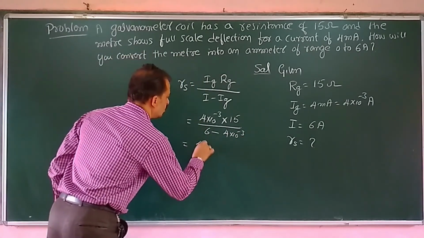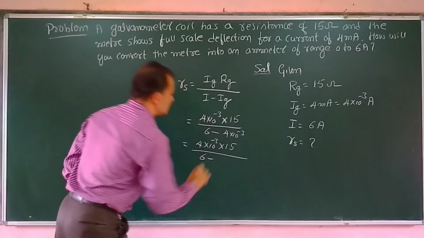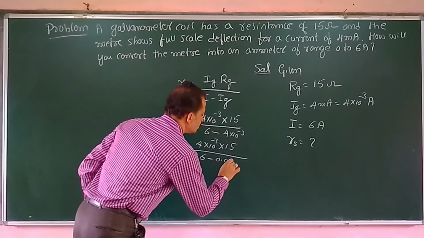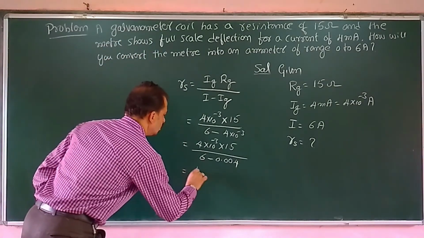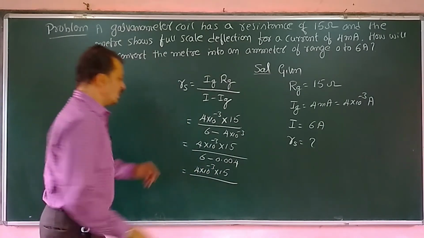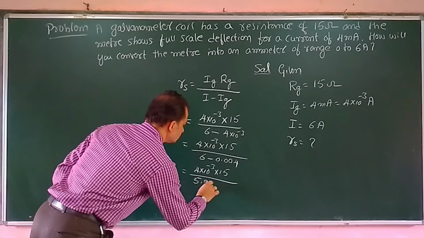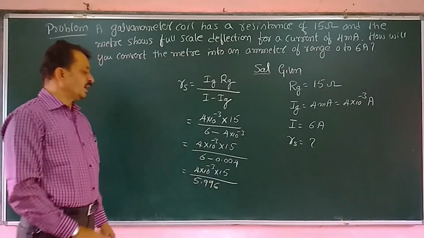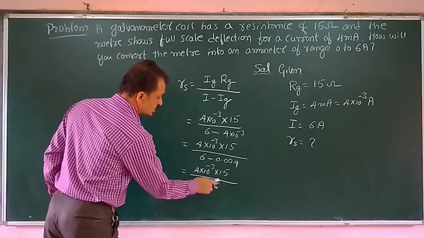Let me simplify this one. 4 into 10 to the power of minus 3 into 15 divided by 6 minus 4 into 10 raised to minus 3, which is nothing but 0.004. So that is equal to 4 into 10 raised to minus 3 into 15 divided by 5.996. Let me take this as approximately equal to 6.